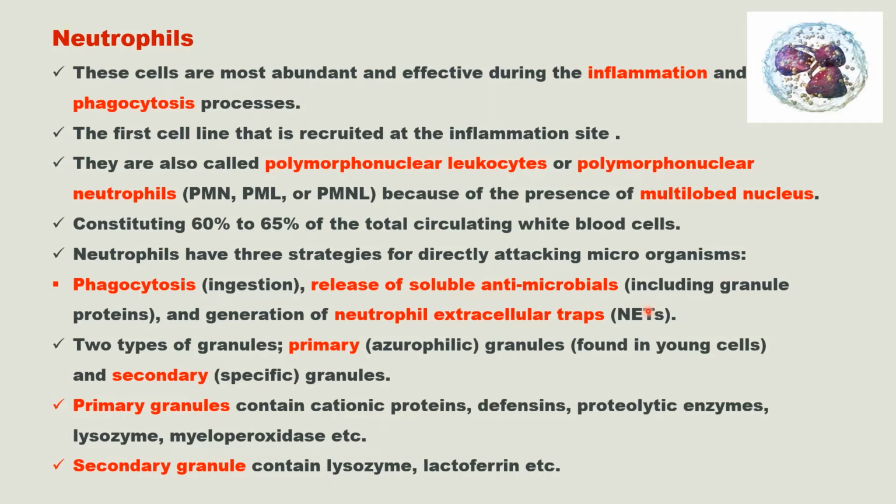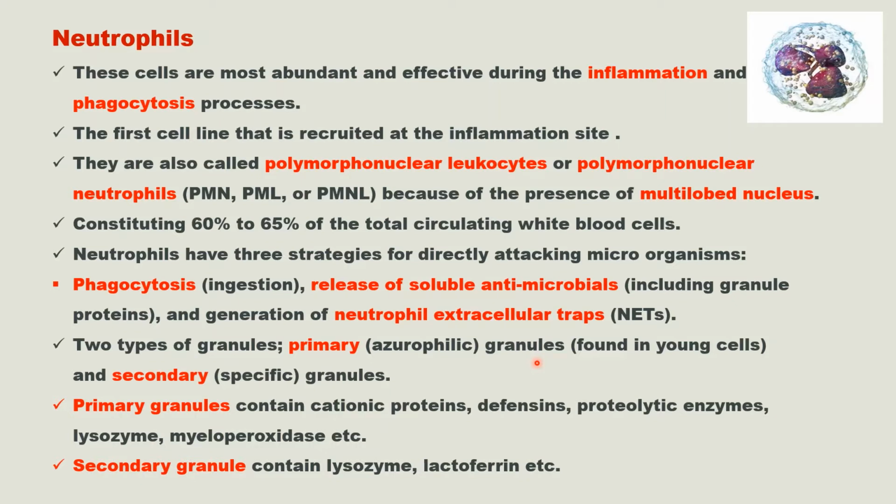Inside the neutrophil some granules are present. There are two types of granules. One is primary or eosinophilic granules, which are found in young cells, and the second is secondary or specific granules.